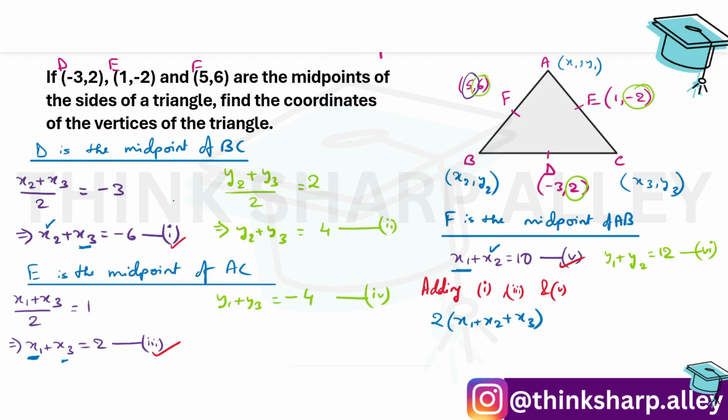Instead of writing 2x1 plus 2x2 plus 2x3, I've just taken 2 common, equals, and on this side we have to add minus 6 plus 2 and 10. Which gives me only 6. 10 plus 2, 12, minus 6, 6. So that gives me x1 plus x2 plus x3 is equal to 3, and that becomes my equation number 7.